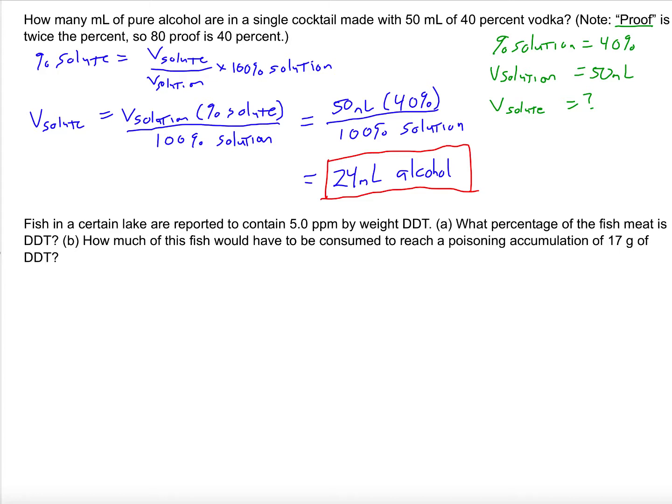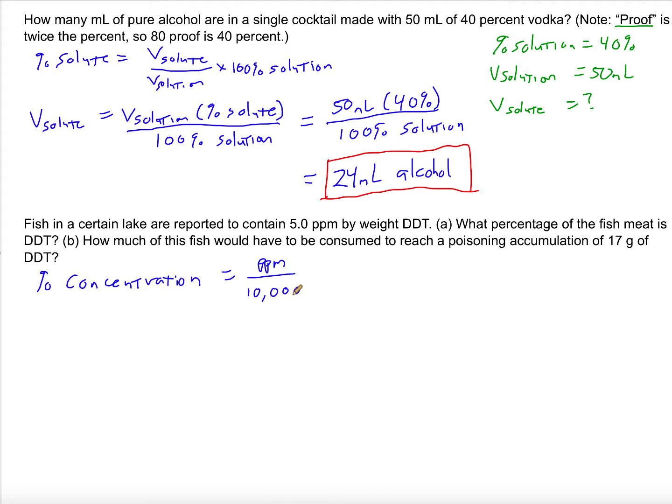A percent concentration is equal to, let's write that down, percent concentration is equal to the parts per million divided by 10,000. So we take the number of parts per million, divide that by 10,000.